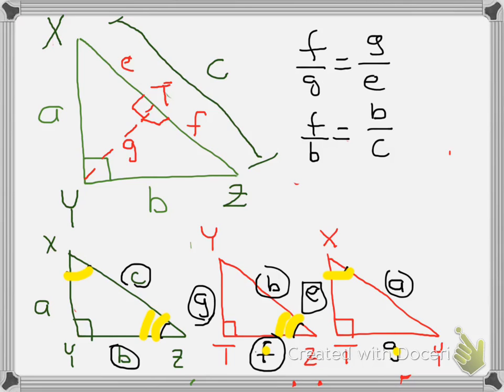I can get that using the triangle XTY on the far right and the big triangle. E over its corresponding part, A, is equal to A over its corresponding part, C.